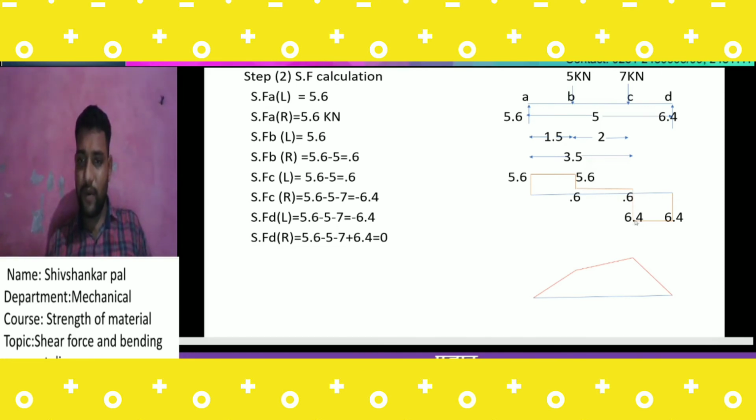So minus 6.4 is also the shear force just left of point D. I continue at 6.4 until just left of point D, and at point D, going to the right-hand side, I apply minus 6.4 plus 6.4, the plus and minus cancel, and finally at point D our shear force is 0. So that is our shear force diagram.